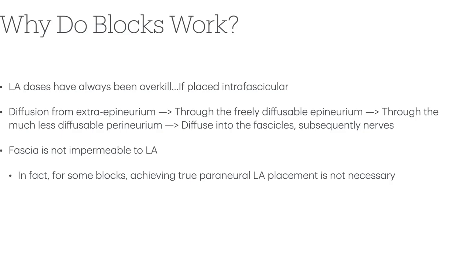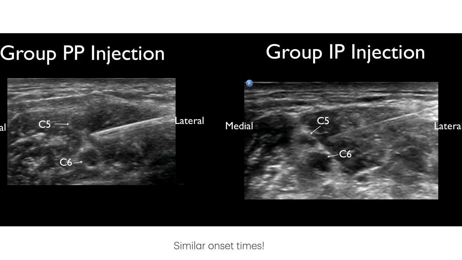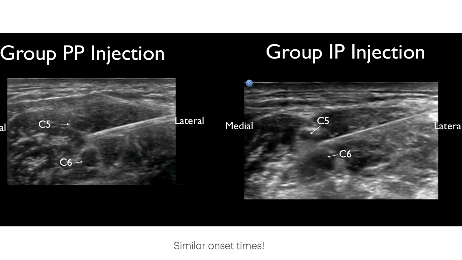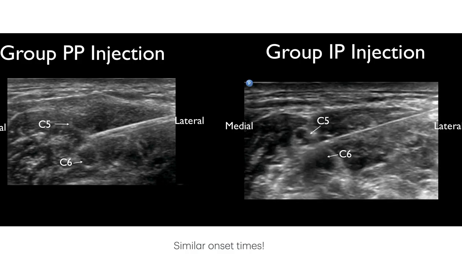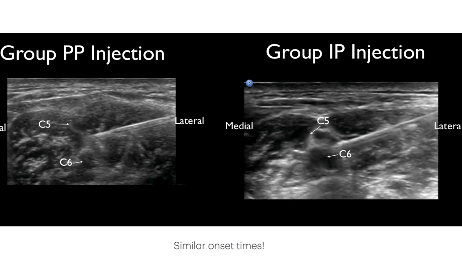Another thing to keep in mind is that even though fascia is relatively tough, it is not completely impermeable to LA. We find this in one of the studies done way back in 2011, where Spence and his colleagues experimented with doing an interscalene block.